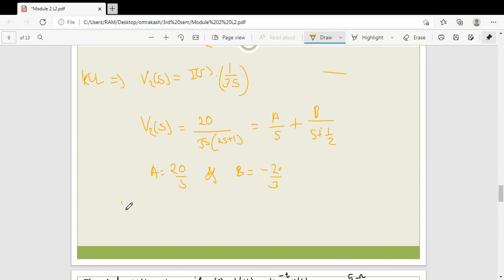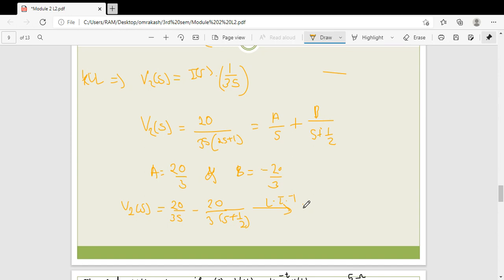The final V2 is nothing but here 20 by 3S minus 20 by 3 times S plus 1 by 2. Then Laplace inverse transform.